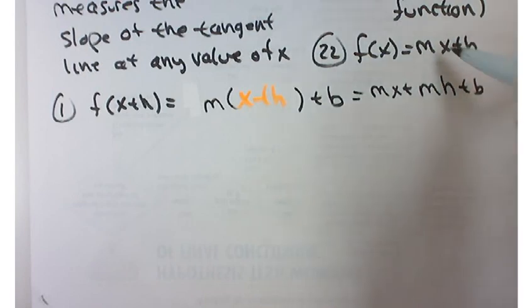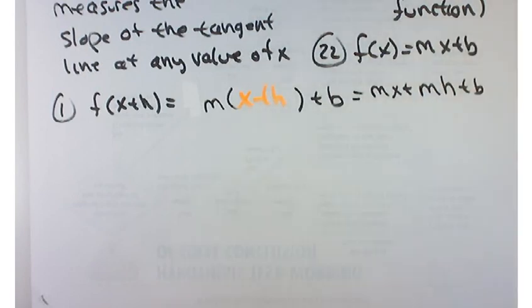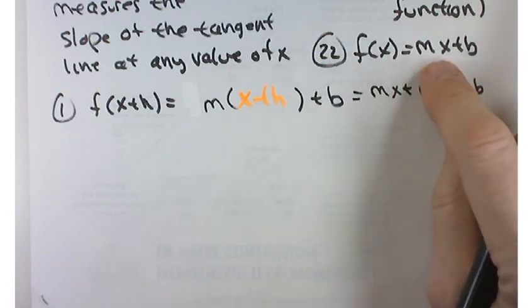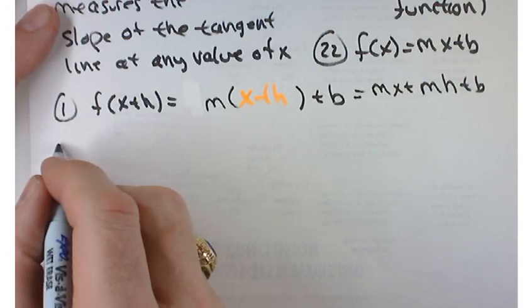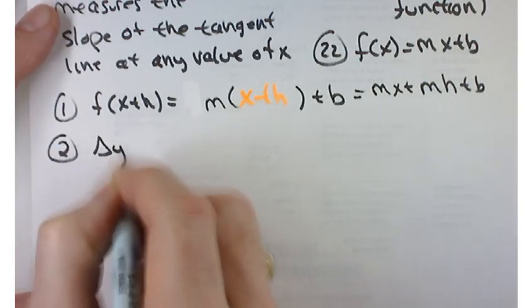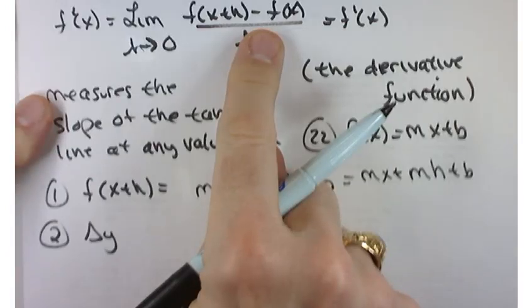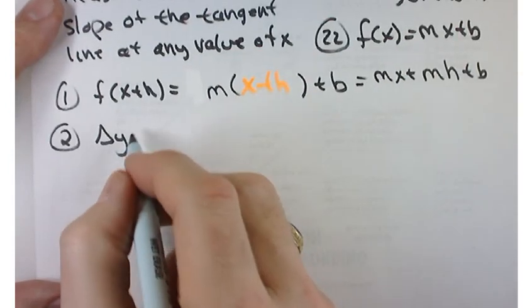By the way, what's the graph of y equals mx plus b going to look like? Yeah, it's just going to be a line, right? Mx plus b is just your general equation for the line. So we're going to find out how that line is changing at any particular point. The next step is to calculate this numerator. I'm calling it delta y out of convenience.